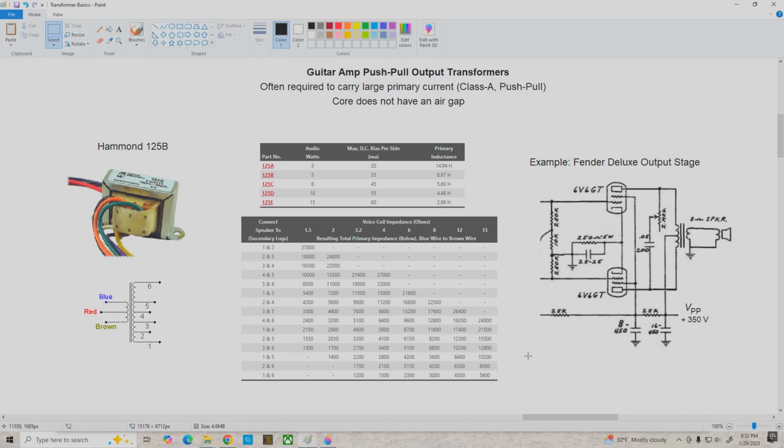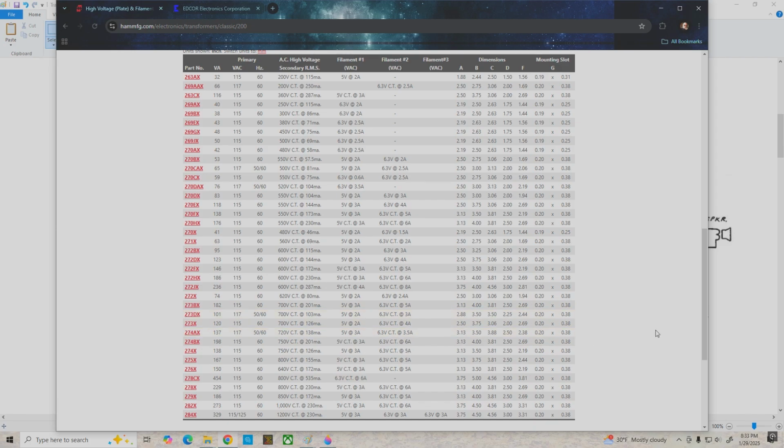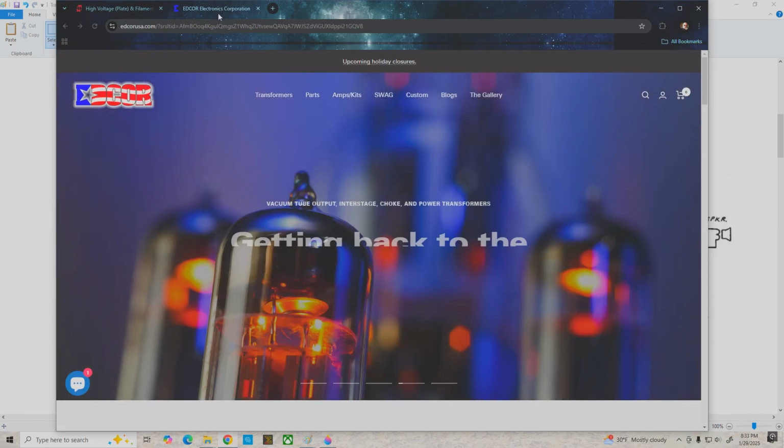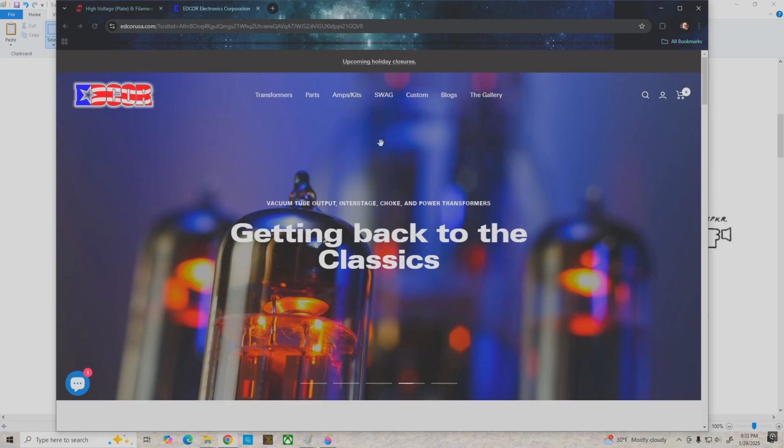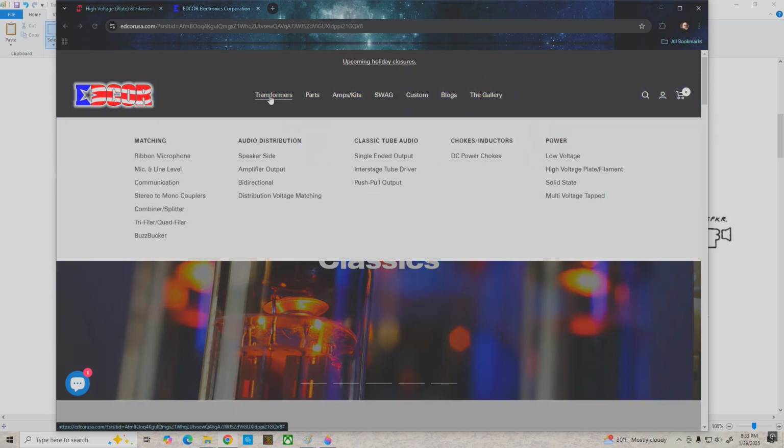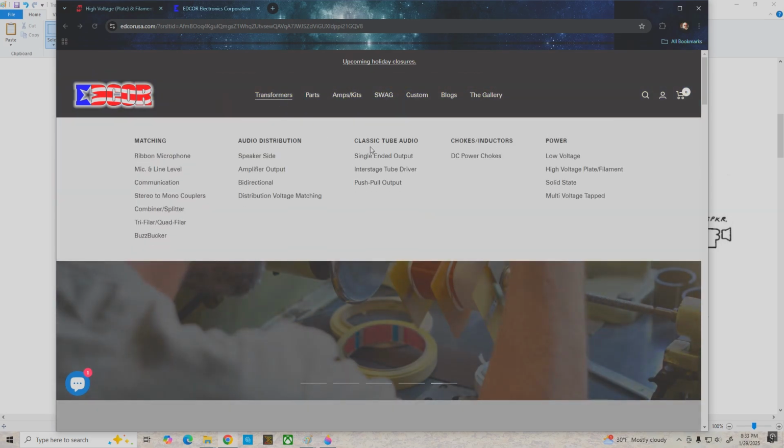Again, these are details we'll get into in great detail when we're designing amplifiers. For right now, I just wanted to present some of this data. And again, another website that has a lot of good transformer information besides Hammond is EdCore. And if we look at their site for a second here, transformers, we can look at classic tube audio.